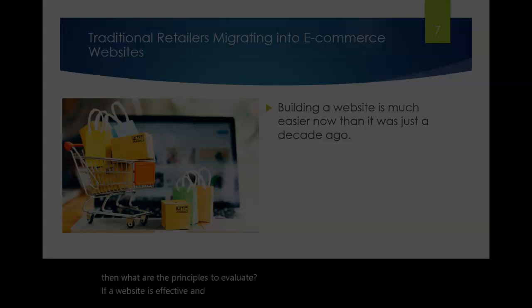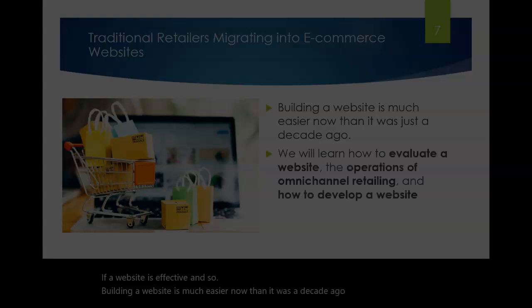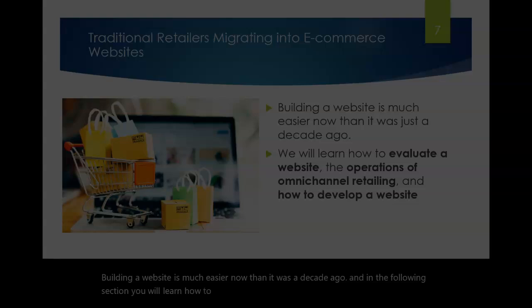Building a website is much easier now than it was a decade ago. And in the following section, you will learn how to evaluate a website, the operations of omnichannel retailing, and how to develop websites.